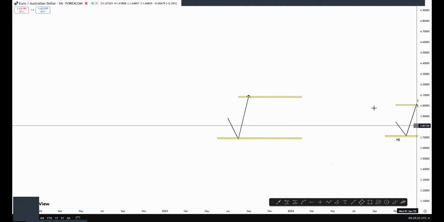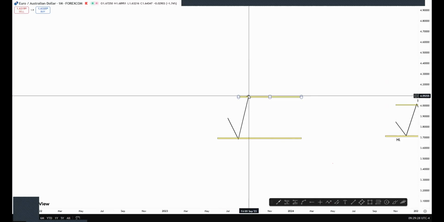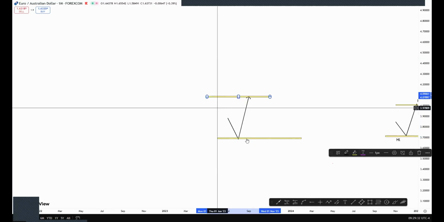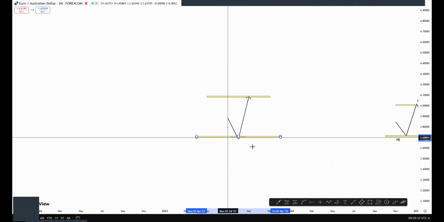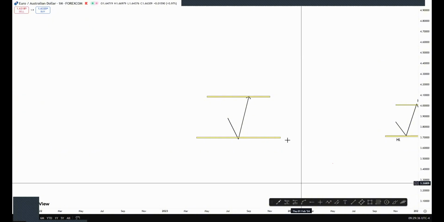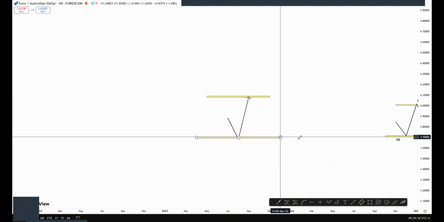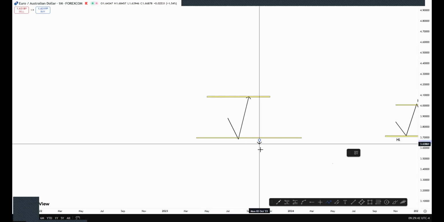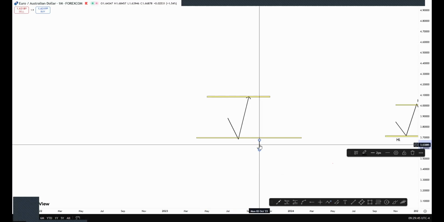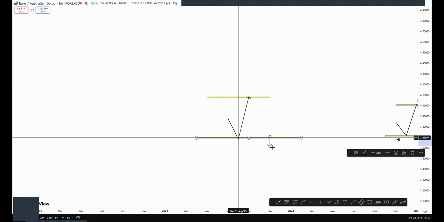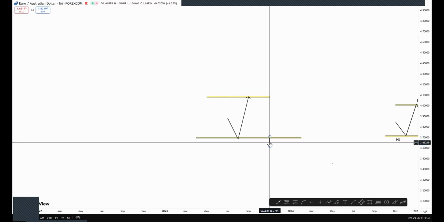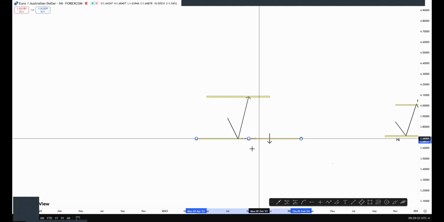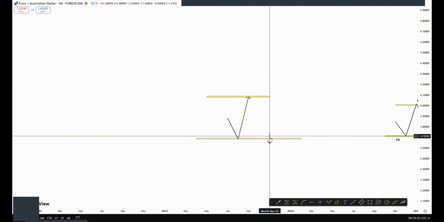So right now price is bullish. We'll only go bearish once price breaks below the higher low. Even if it's just the tiniest break, as long as it closes below it, price shifts.